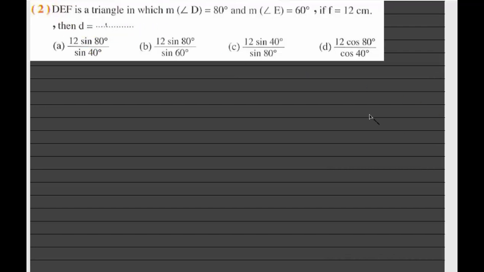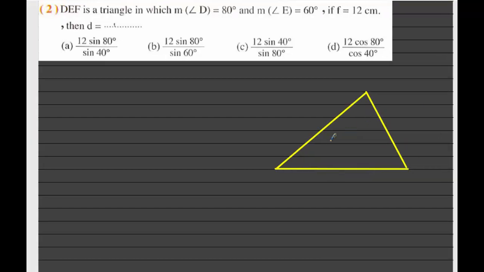Question number 2. DEF is a triangle in which the measure of angle D equals 80 and the measure of angle E equals 60. If f equals 12 centimeters, then d equals what? So first we'll draw the triangle DEF. Measure of angle D equals 80 degrees. Measure of angle E equals 60.